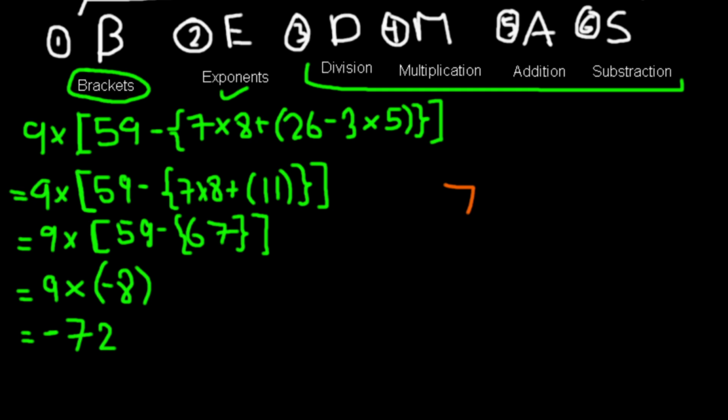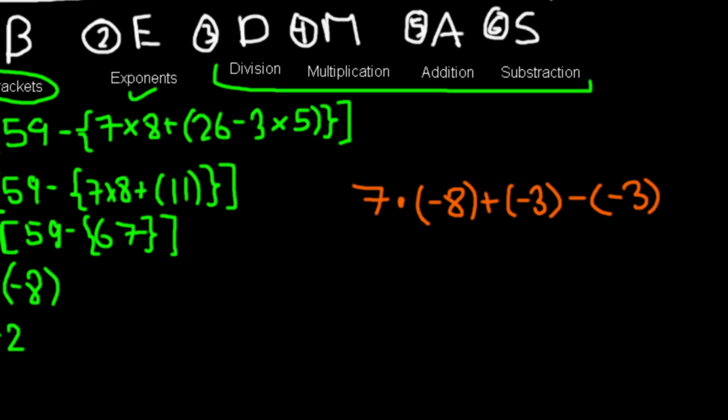You get an example like 7 times negative 8. I'm not going to use x because it's like a variable, so I'm going to use a dot. 7 times negative 8 plus negative 3 minus negative 3.